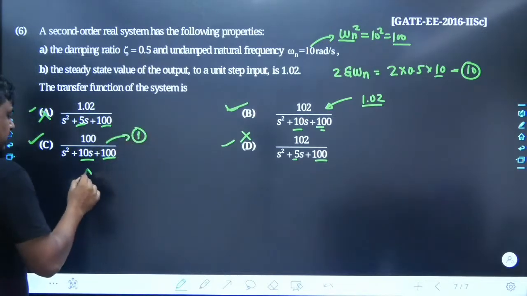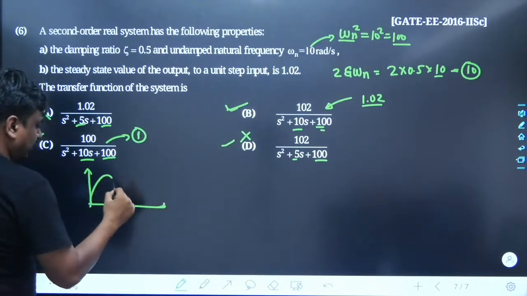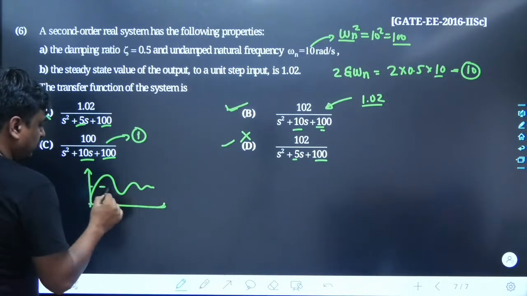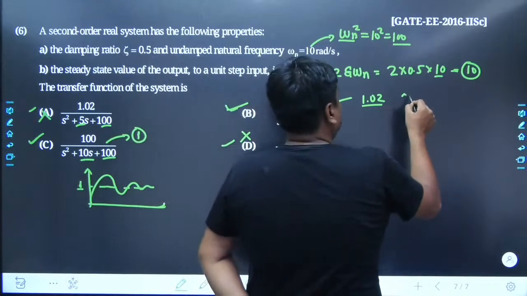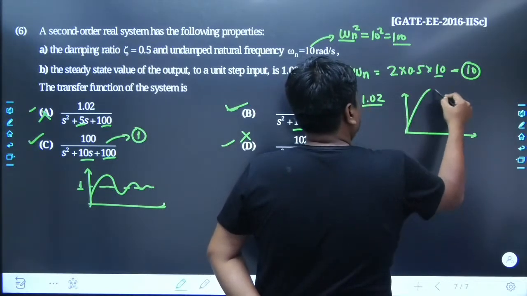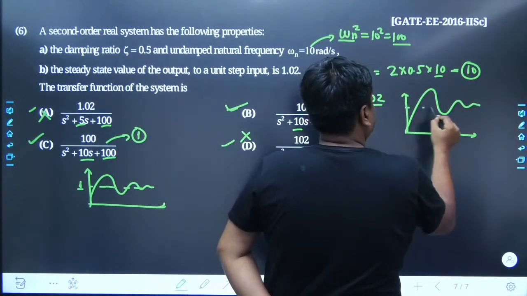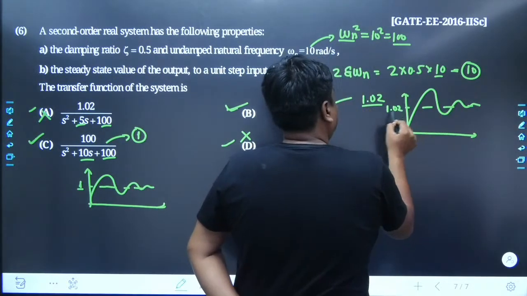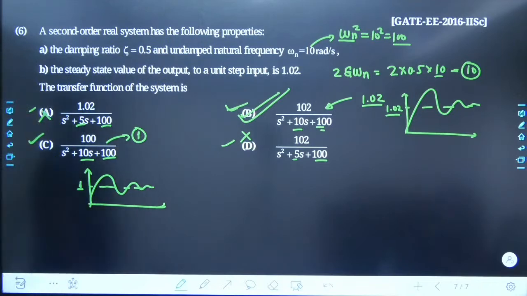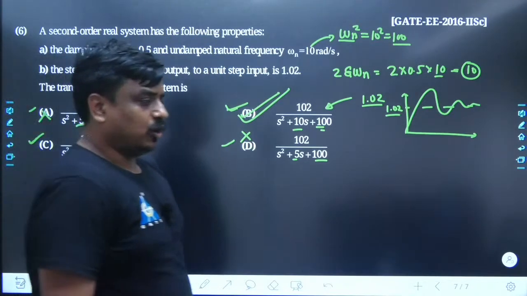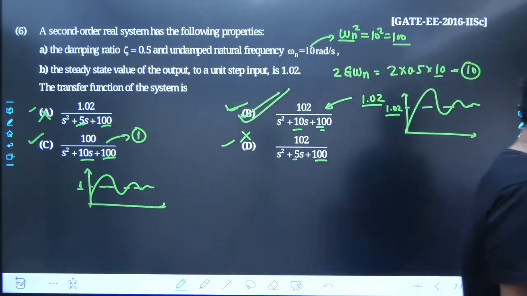So what I am saying, its response because zeta had been 0.5, it would be settled at 1 in one case and it would be settled at 1.02 in the other. So as per the requirement which has been raised within this problem, the bestmost answer is going to be option B. It's going to be option B.